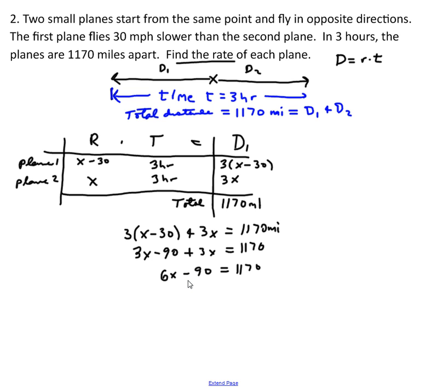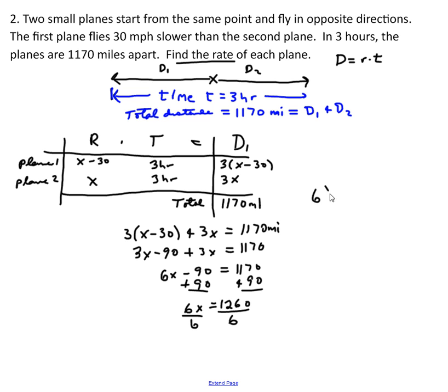Seems pretty good. Add 90 to both sides, and let's see what happens right here. We've got 6x is equal to 1170 plus 90. We know that's going to come out to be 1260.